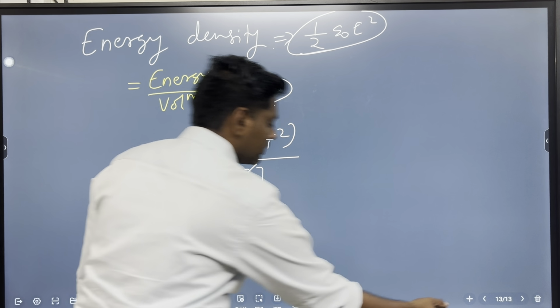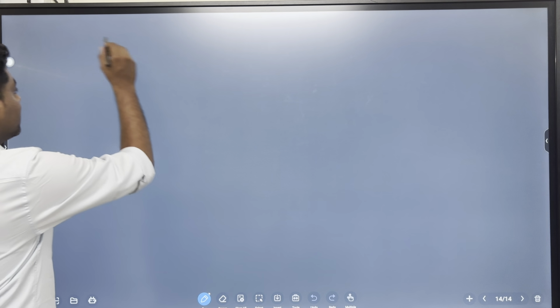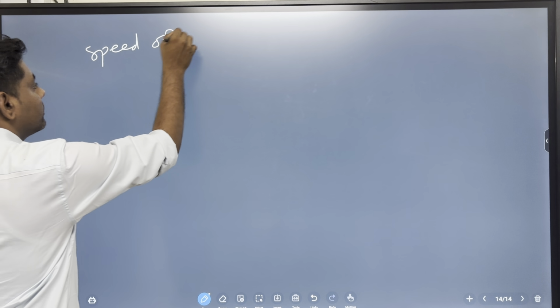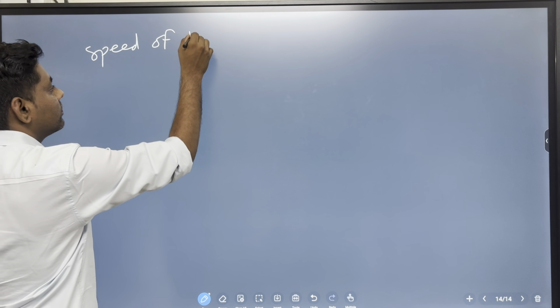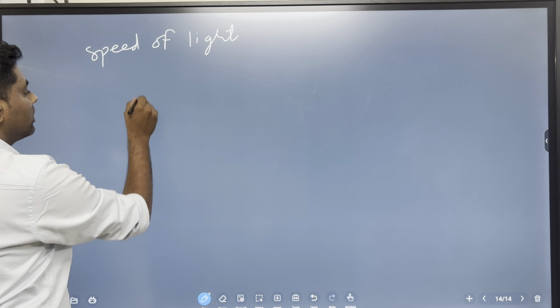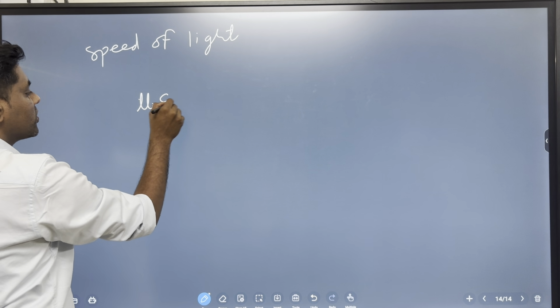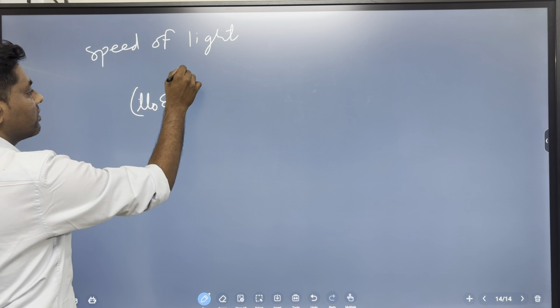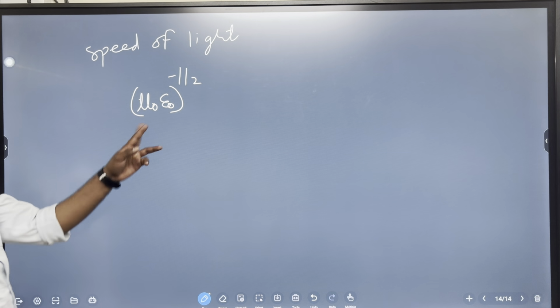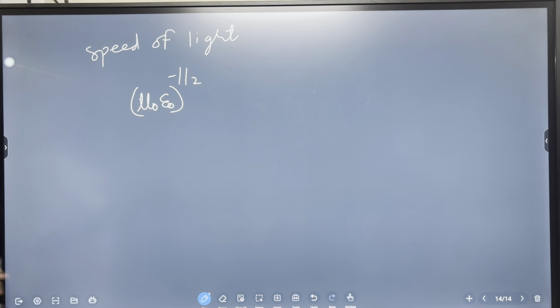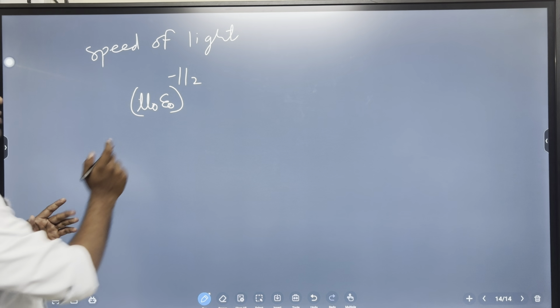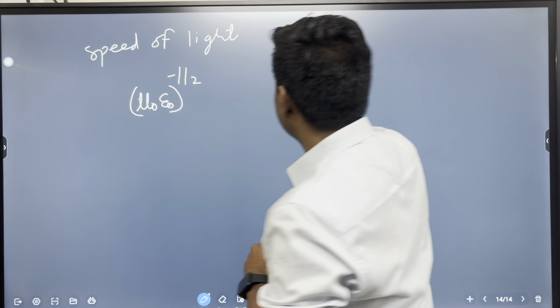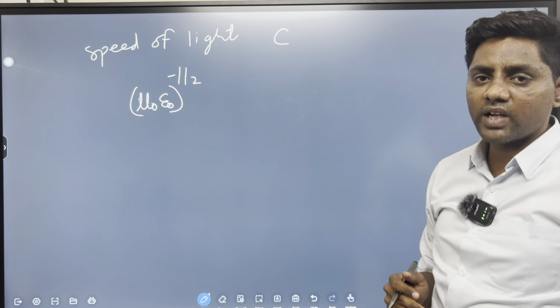Next, the speed of light. Many times they ask what is the dimensional formula for mu naught epsilon naught raised to minus 1 half. Many times they ask the physical quantity and its dimensional formula. So you have to remember the speed of light, denoted by letter C, and how it is calculated.